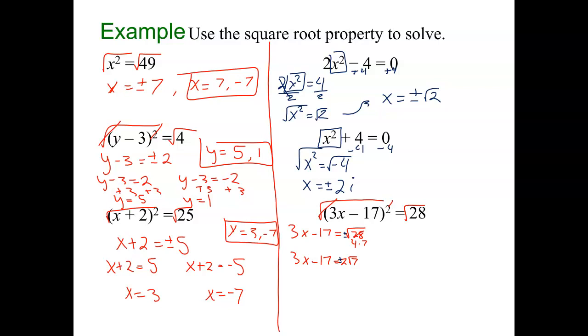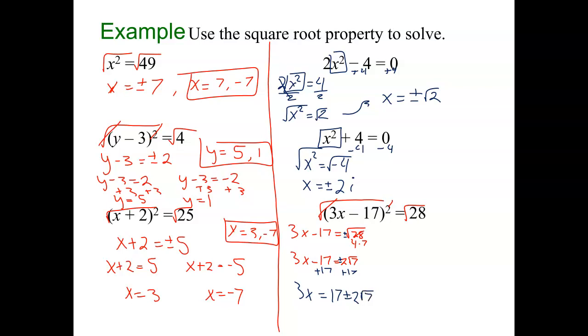Alright? Now I need to isolate x. So 3x equals. Are those like terms? No, so I can't actually add them. All I can do is write it. The rational number goes first, a positive 17. The irrational number goes second.